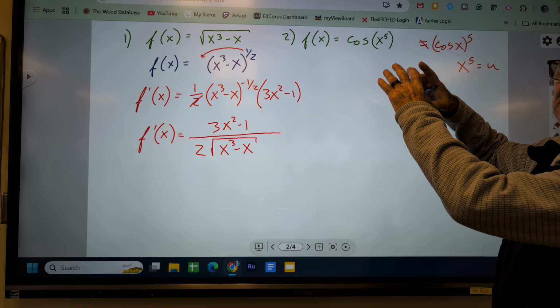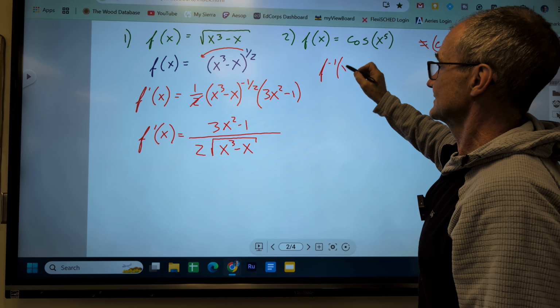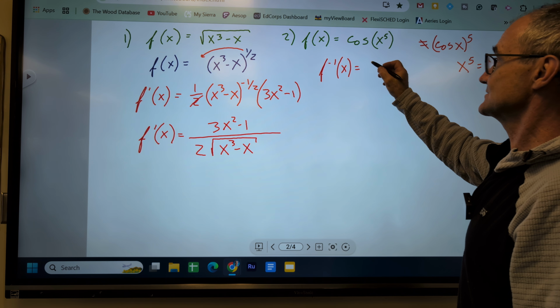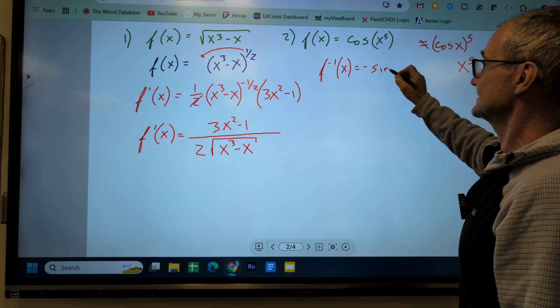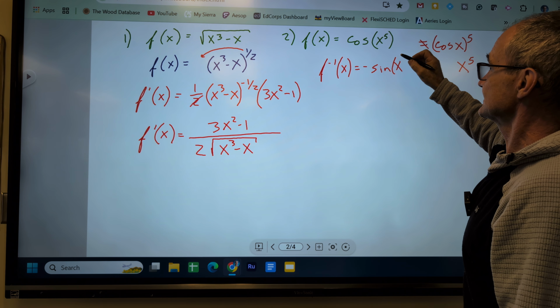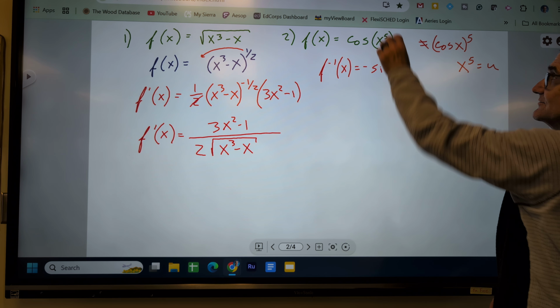You could also look in your formula sheet, but the derivative, f prime of x, of cosine is negative sine. So I have negative sine of whatever that is, x to the 5th, times the derivative of what's in there.